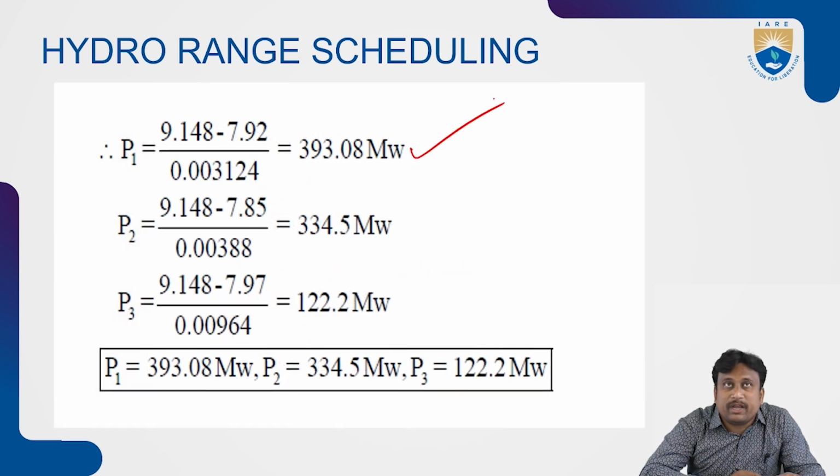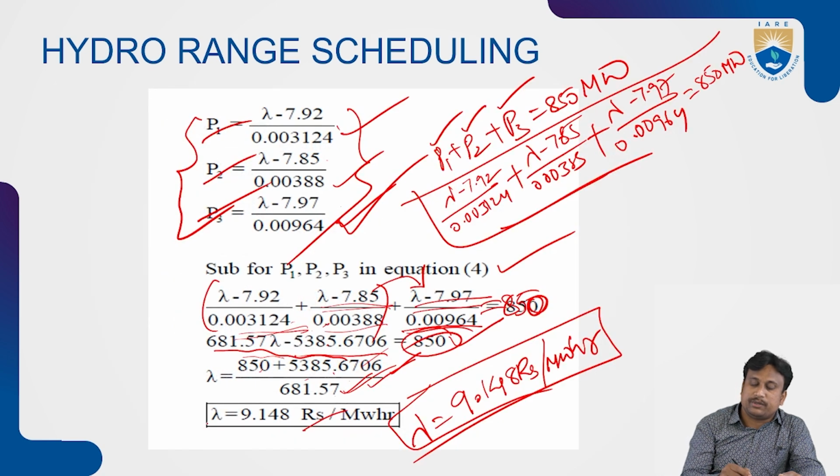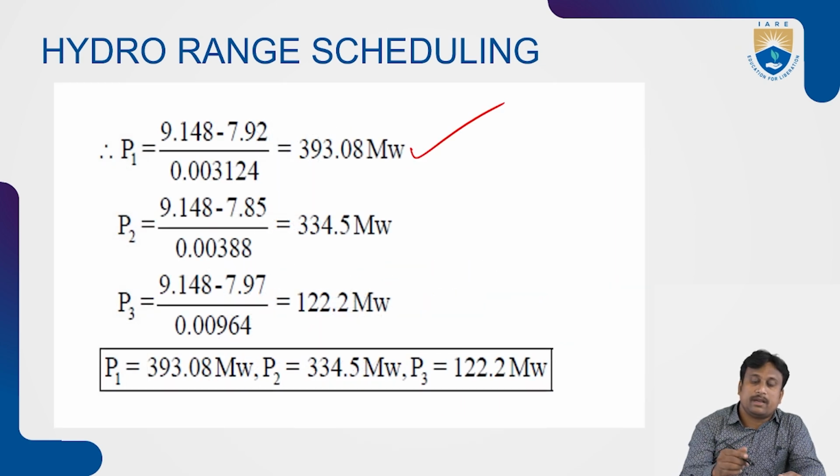In all the cases we need to substitute lambda in P1, P2 and P3. This is the value of lambda, 9.148, in each case.